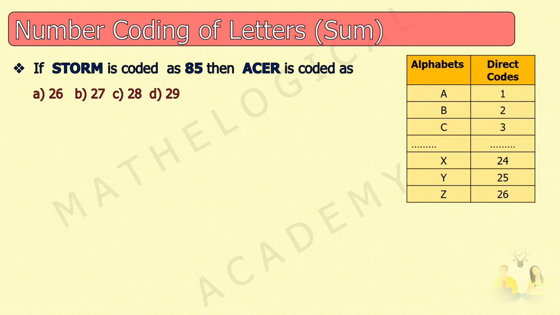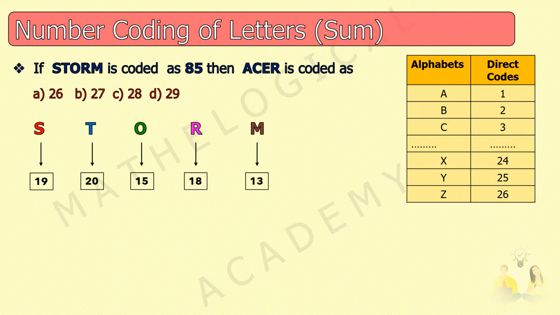If Storm is coded as 85, then Acer is coded as? Of course we know that here letters are coded as numbers. So let's see the pattern. The first thing we need to check is the serial number of the letters. So we write Storm, serial numbers of STORM are written here: 19, 20, 15, 18, 13.